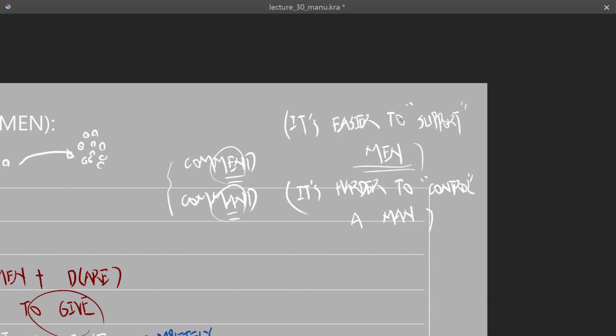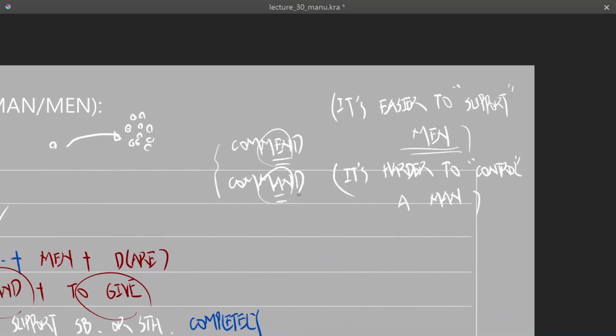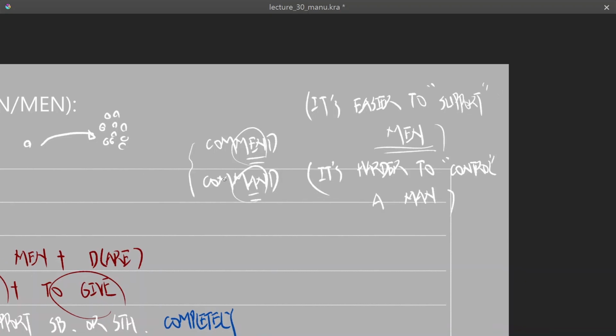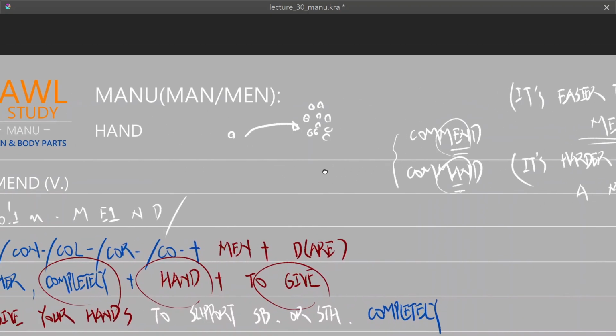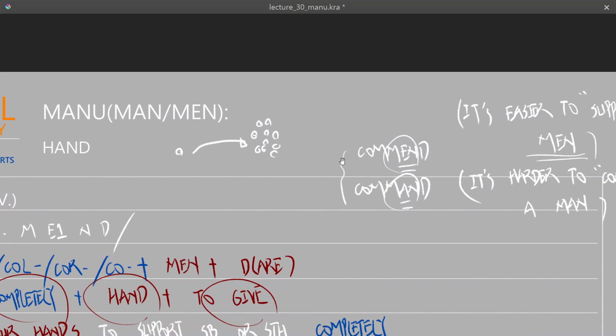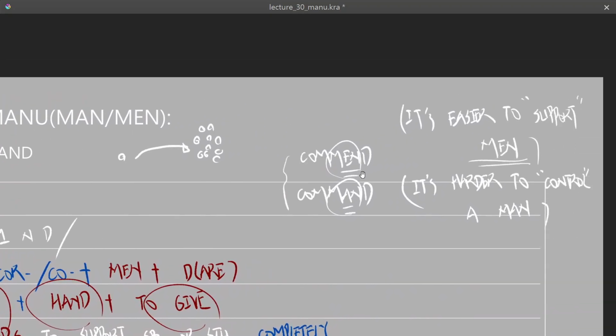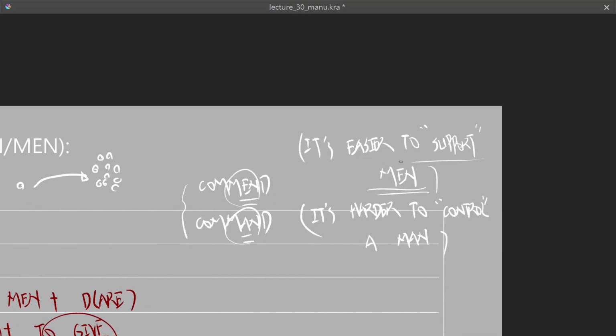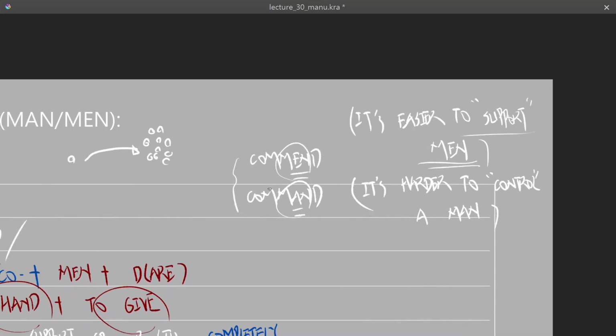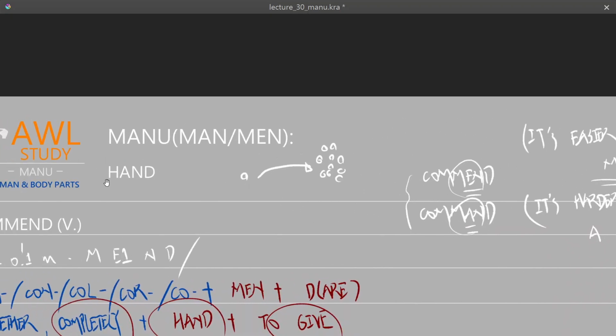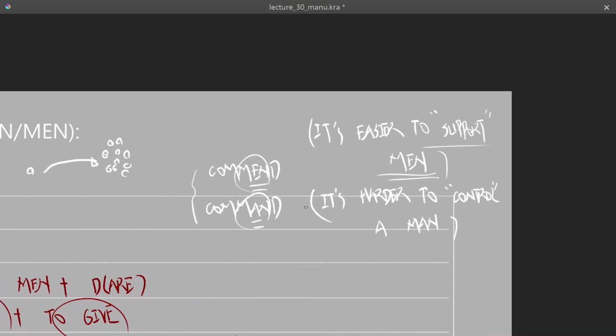So it's easier to support a group of people, but it's harder to control a man's mind or a man's behavior. Alright, so as a mnemonic device I use: whenever you see men in this meaning of hand, you should interpret that as support. And if you encounter man as the variant of manu meaning hand, I prefer to interpret it as control.